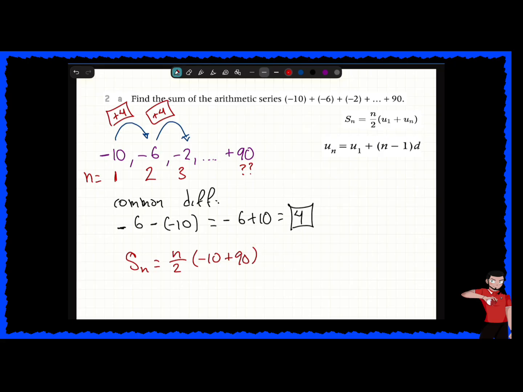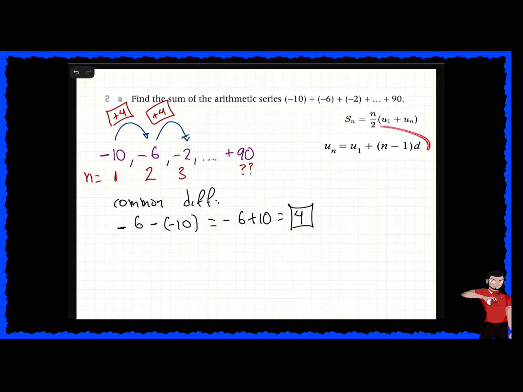The problem here, guys, is that we don't have n. We already know that this is 90, but it's using a position that we don't know. So in order to find this position, we need to use first the formula from arithmetic sequences.